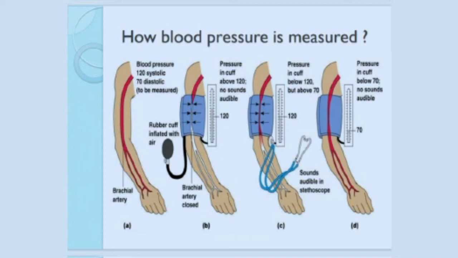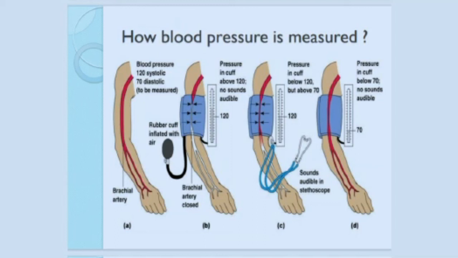Listen once again how blood pressure is measured. See in figure B, a cuff is placed around your arm and inflated with a pump until the circulation is cut off. You can see the rubber cuff inflated with air.